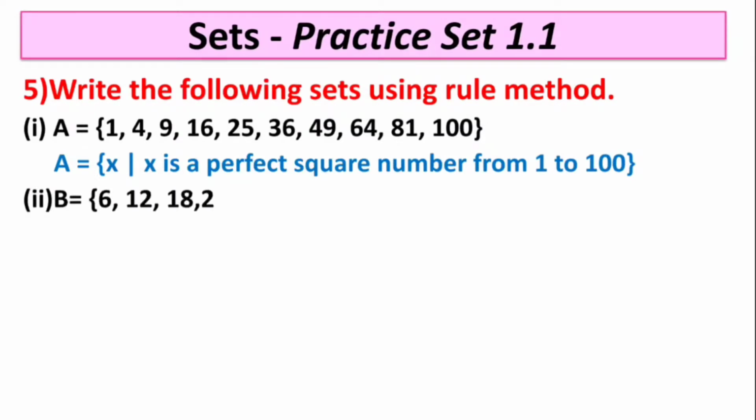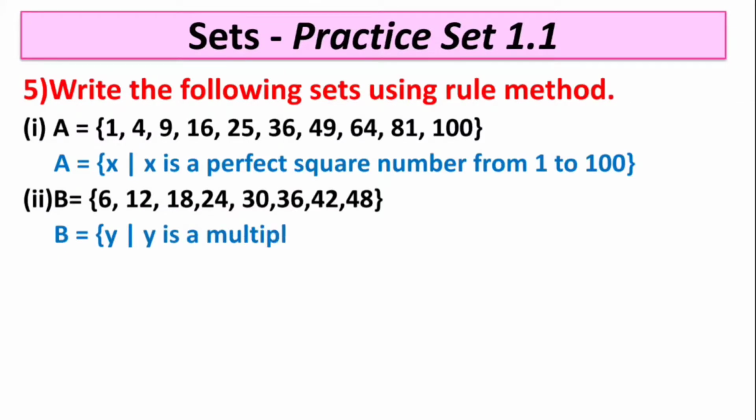Next problem is B equals {6, 12, 18, 24, 30, 36, 42, 48}. If we observe, these are multiples of 6 and the last number is 48. So we can write it as B is the set of all y such that y is a multiple of 6 and is less than 50.